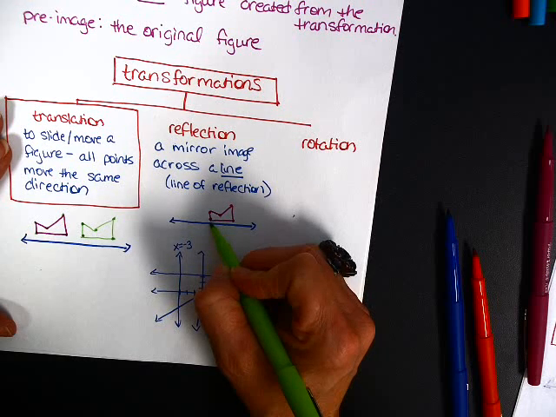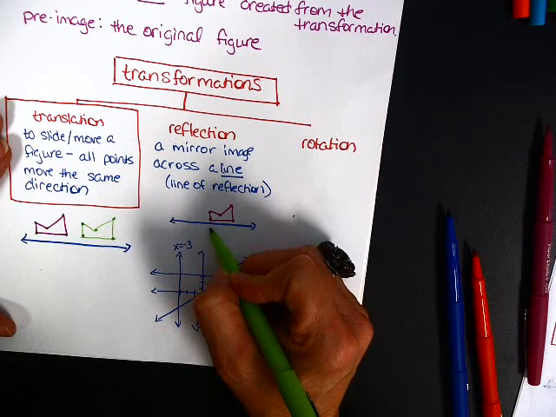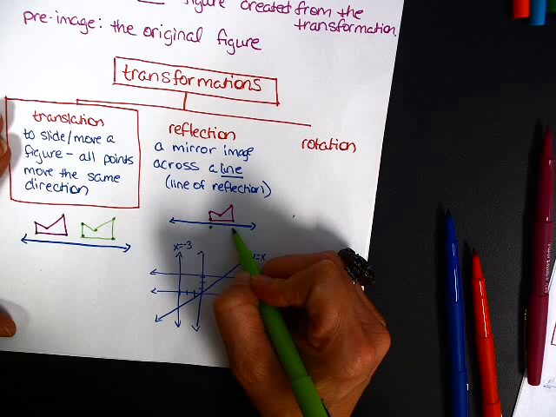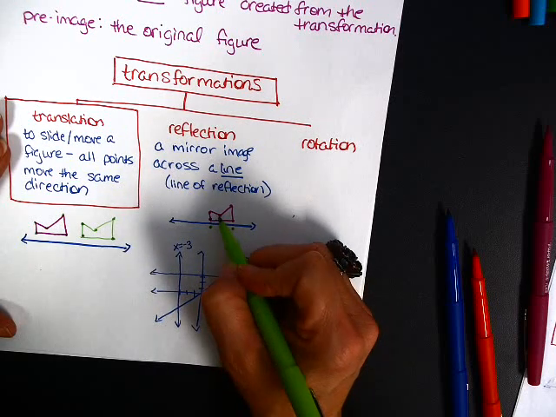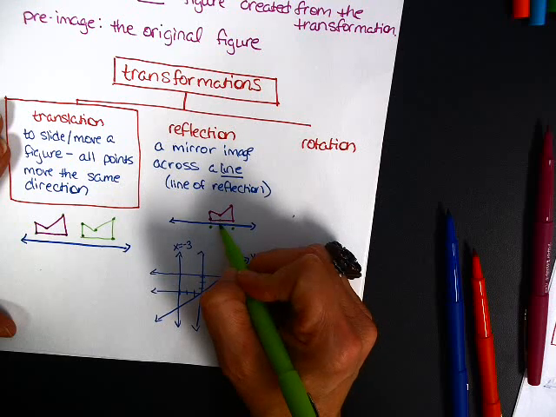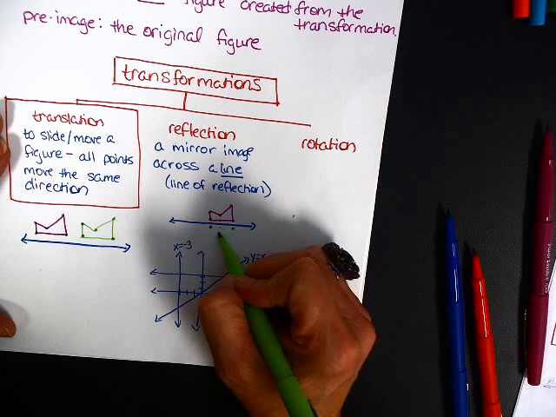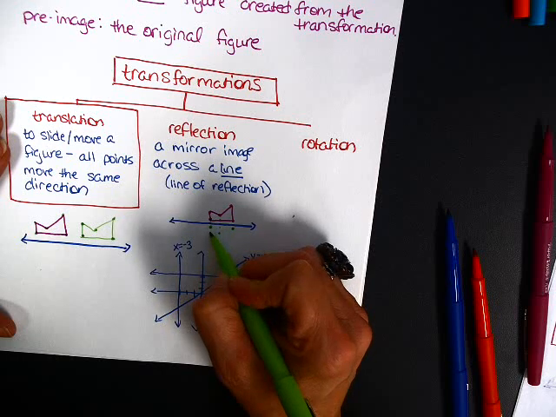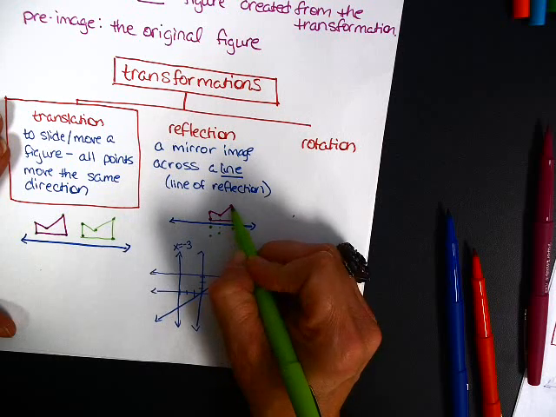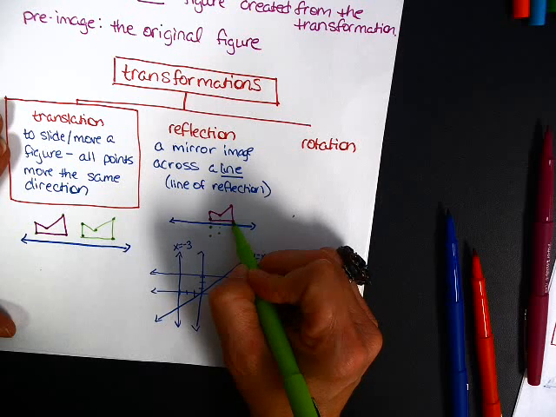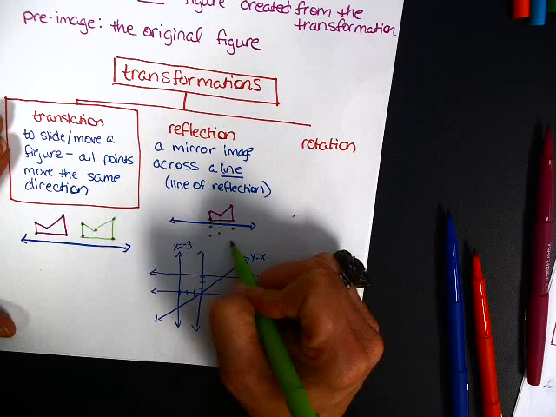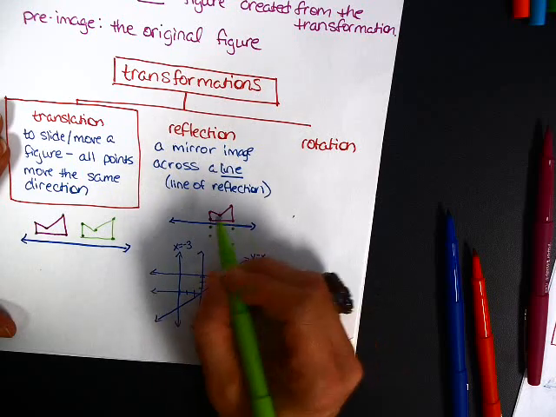So this point right here, if it was 1 unit, it would be 1 unit this way. Here, 1 unit to the line, 1 unit across. This point, let's go 1, 2, 1, 2. And this one, we could go 1, 2, 3, 1, 2, 3. And this one, we could go 1, 2, 3, 4, 5, 1, 2, 3, 4, 5. And then we just connect these points.